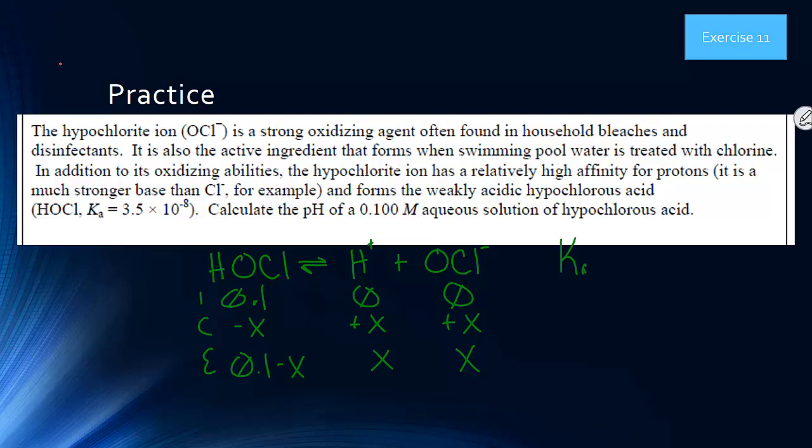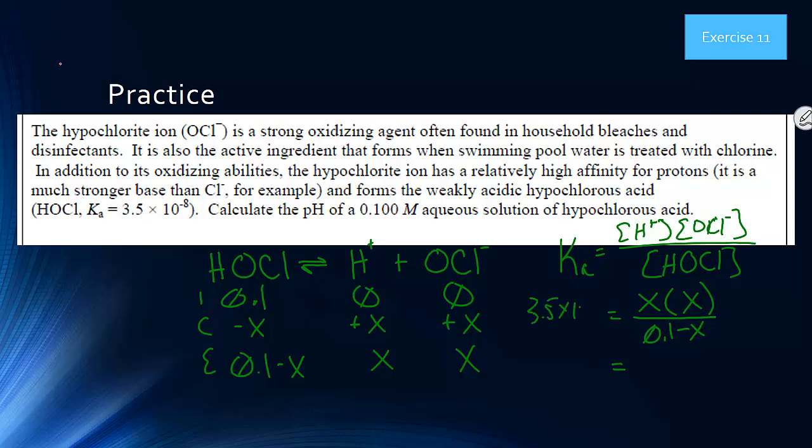Now Ka has to equal the concentration of the hydrogen ion times the hypochlorite ion over the concentration of the initial acid. Plugging in our RICE table, we get x times x over 0.1 minus x, which has to equal 3.5 times 10 to the minus 8th.